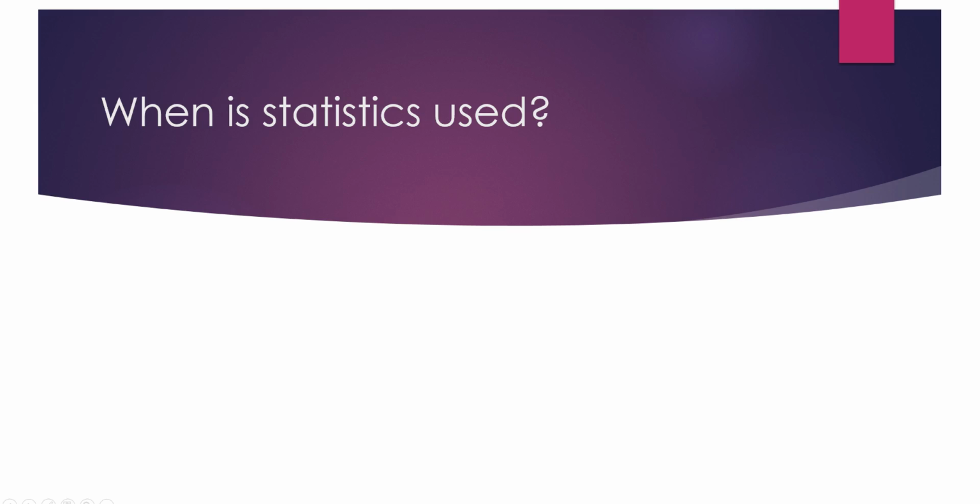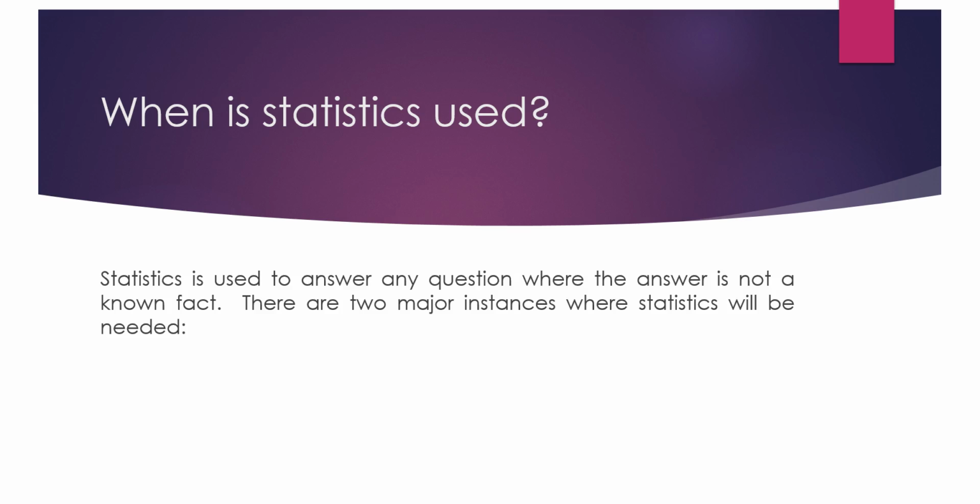So next, when is statistics used? Statistics is going to be used anytime that you have a question where the answer is not a known fact, or in a lot of cases, it's not possible for there to be a true known fact. We just need to get an estimate. So there are 2 major instances when we will need statistics.